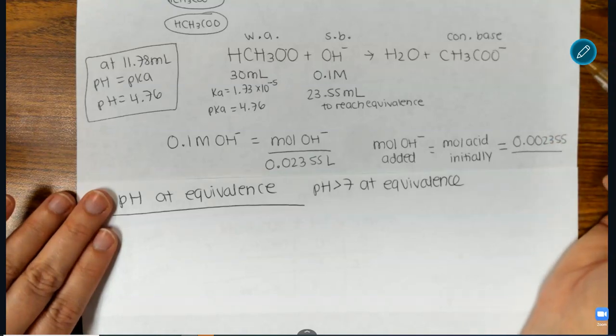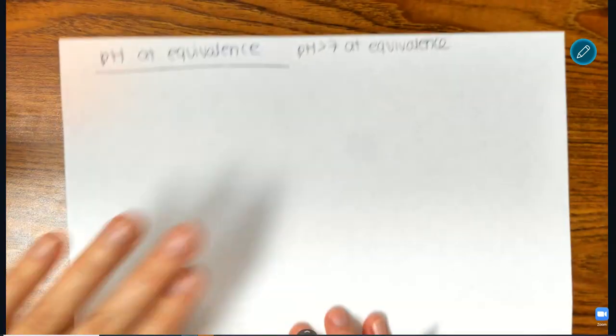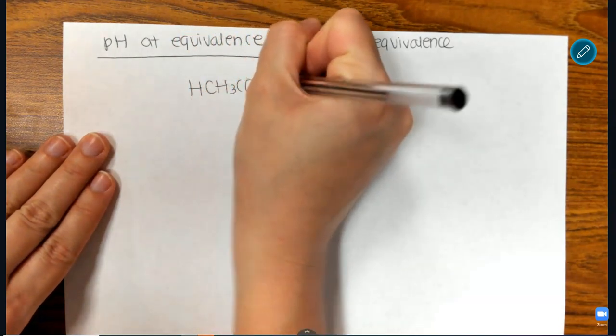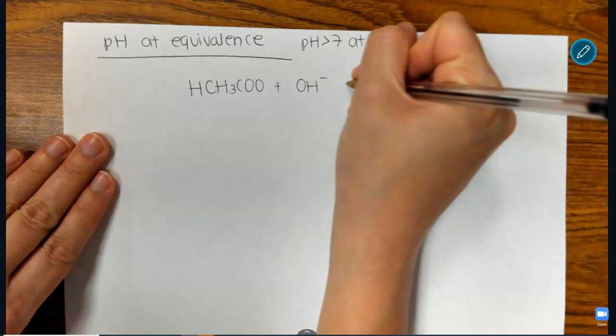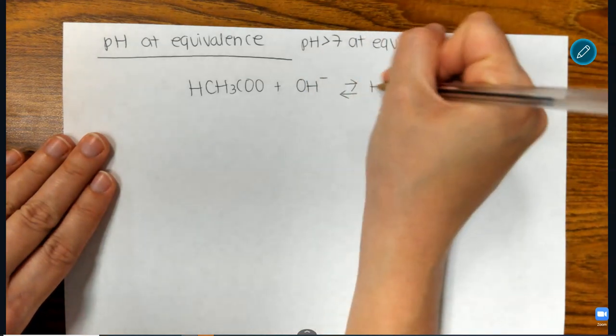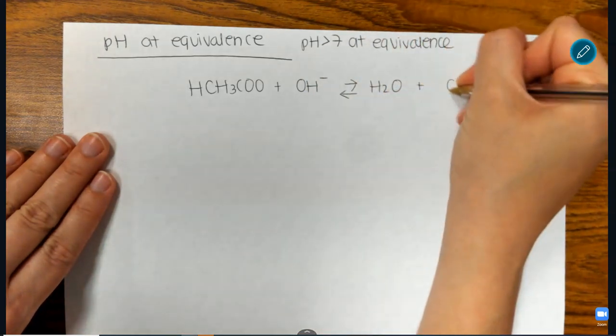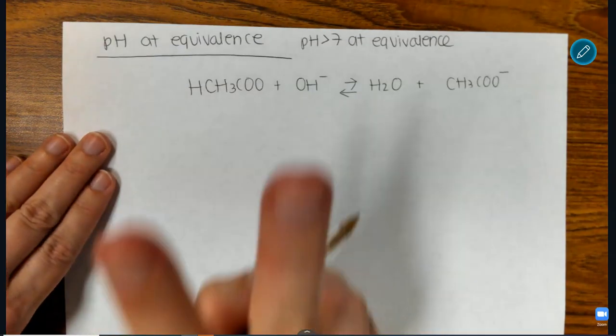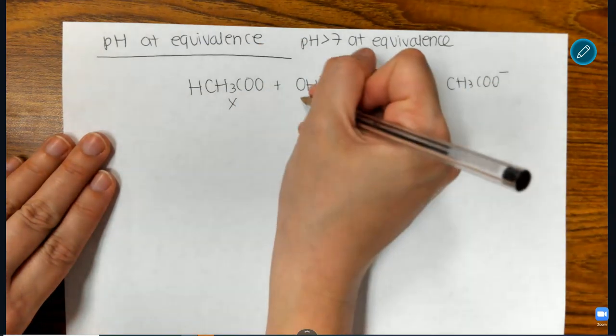And so I want to rewrite this reaction on my separate sheet of paper. So this is what is happening. All of this is technically gone. All of this is technically gone.